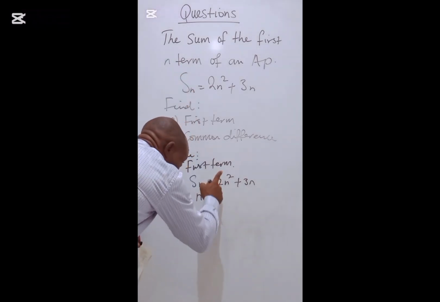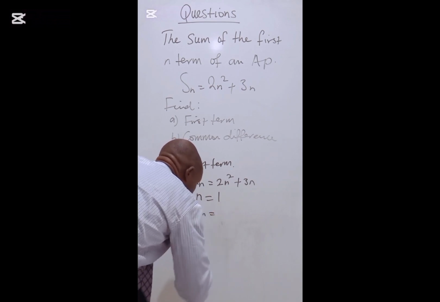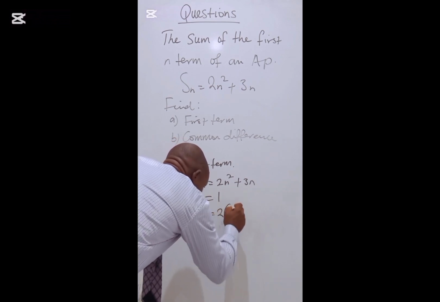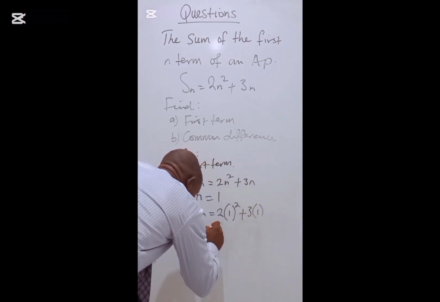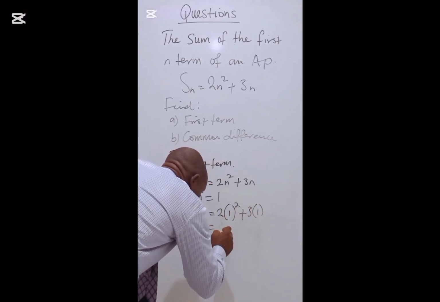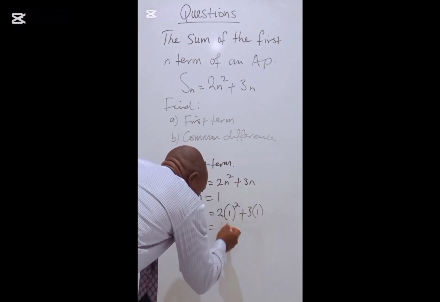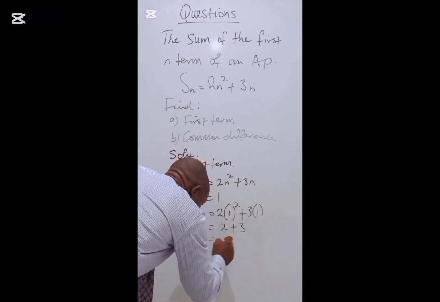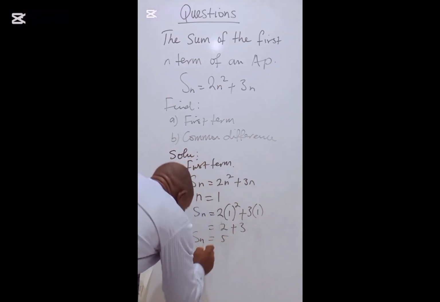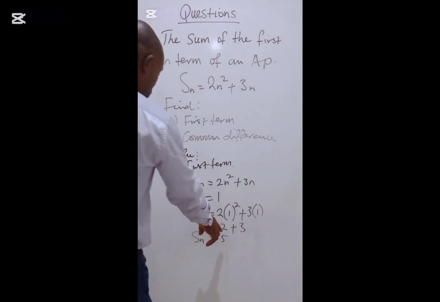So if we substitute 1 into this equation, Sn is equal to 2 multiplied by the square of 1 plus 3 multiplied by 1. The square of 1 is 1. 2 times 1 is 2. 3 times 1 is 3. Therefore, the sum of the first term is 5.